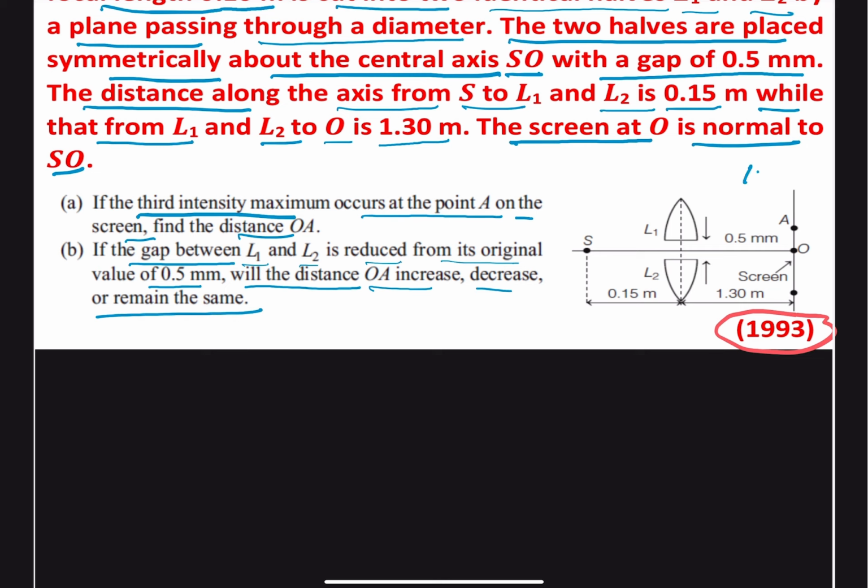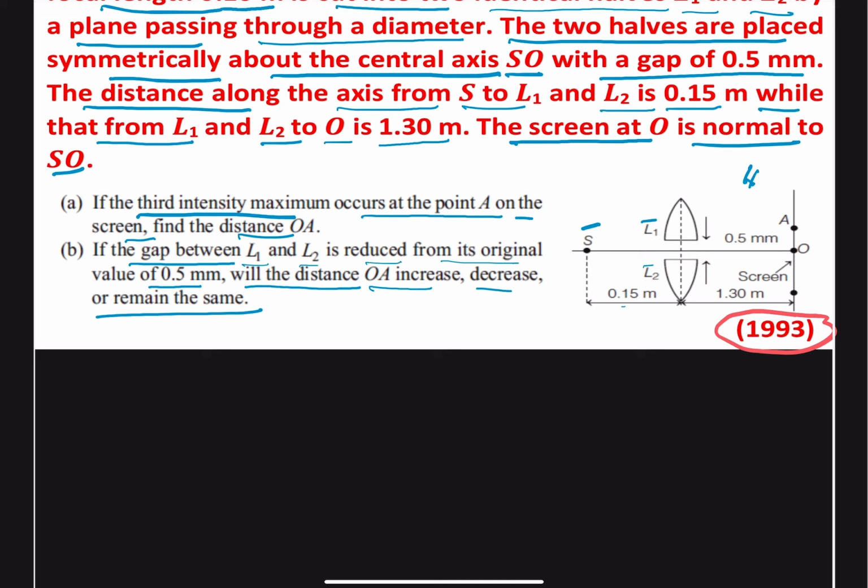So we are given this question. We have two halves of the lens, one half is L1, another one is L2. A single coherent monochromatic source, that is S, is kept at a distance of 0.15 meter from the lens, and we have a screen which is at a distance of 1.3 meters, and the gap between the two lenses is given as 0.5 mm.